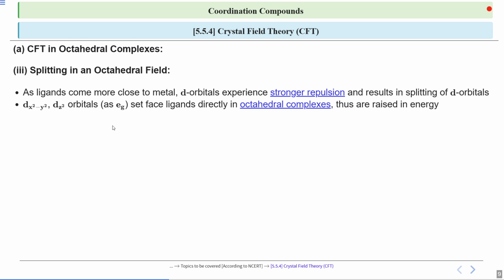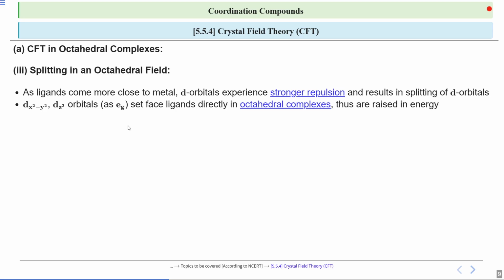Non-degenerate means there is an energy difference between the orbitals. We get one set of two orbitals referred to as the Eg set, the dx square minus y square and dz square orbitals. These two orbitals face the ligands directly in the octahedral complex, and thus are raised in energy. The lobes of these two orbitals point along the axes, due to which they experience more repulsion and a higher energy.